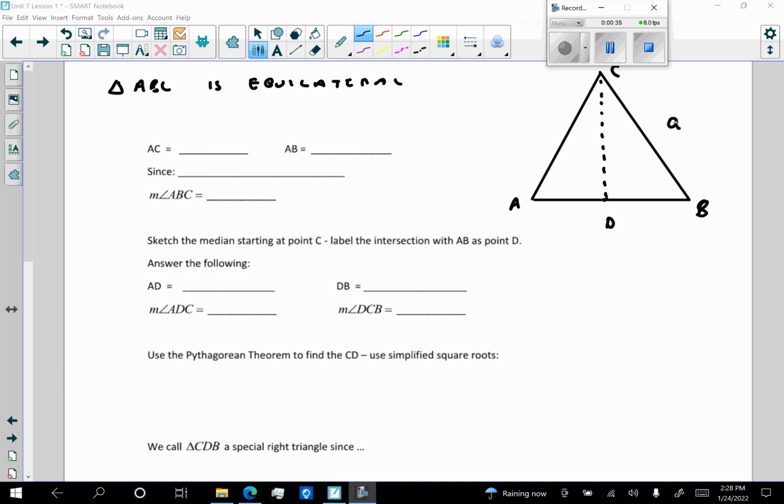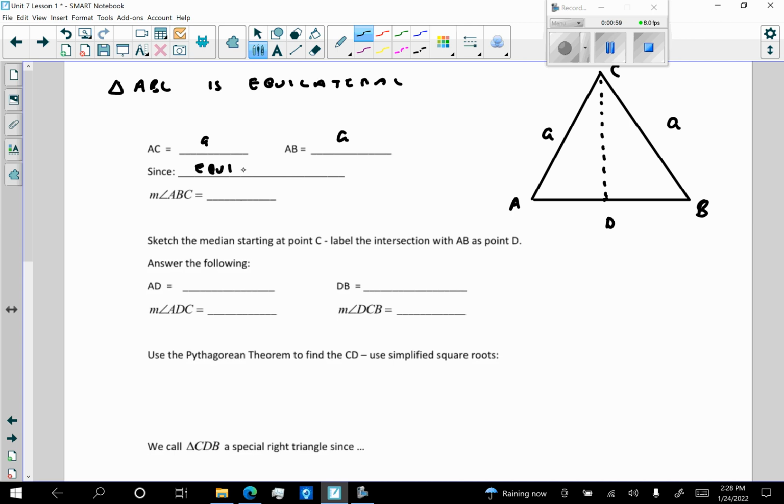And it's equilateral. Therefore, AC is also equal to A. So AC is equal to A, and AB is also equal to A, since we have an equilateral triangle.